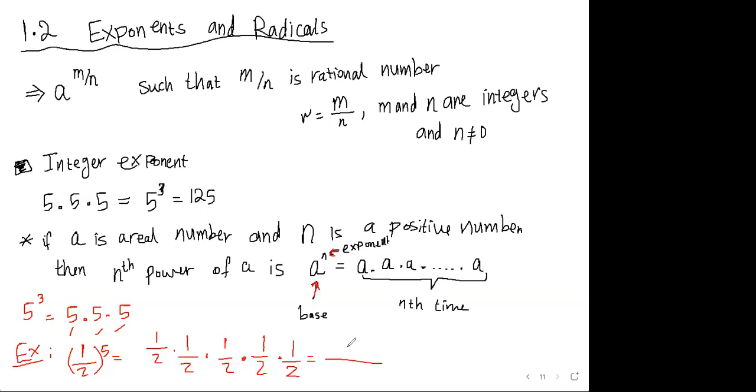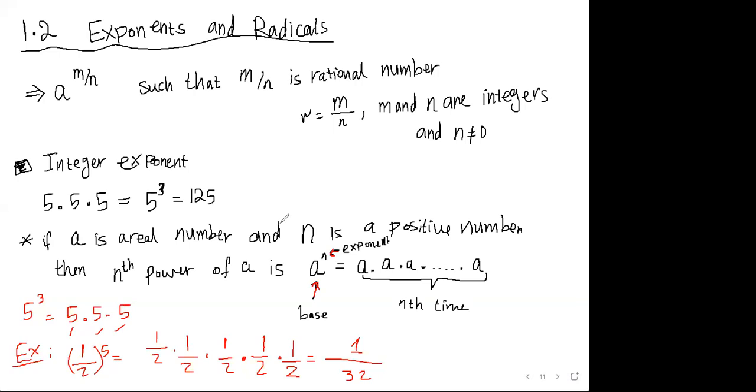What does that equal? 2 times 2 times 2 times 2 times 2 is 32. Yes, 1 over 32. Any question before I move on to the next slide? Is it clear?